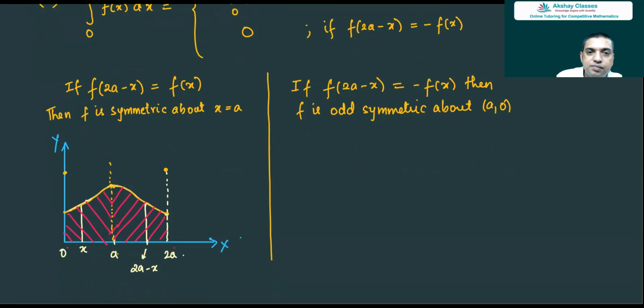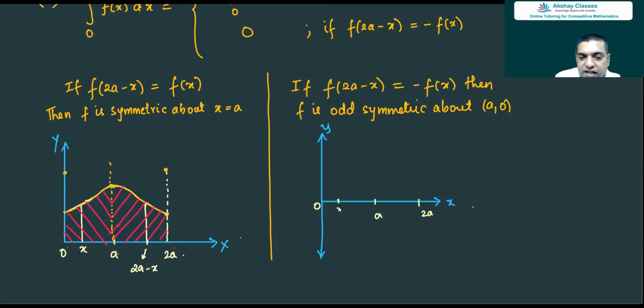Now just see this. So this is a, this is 2a, this is 0.